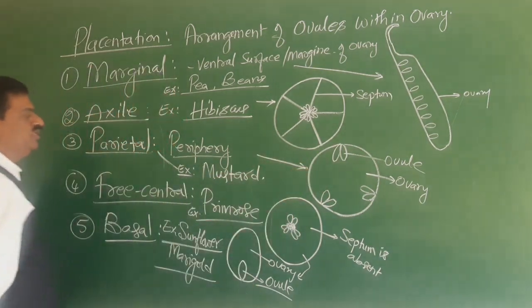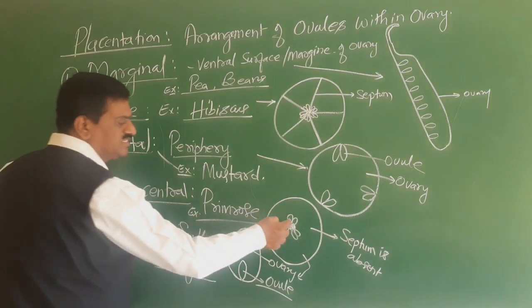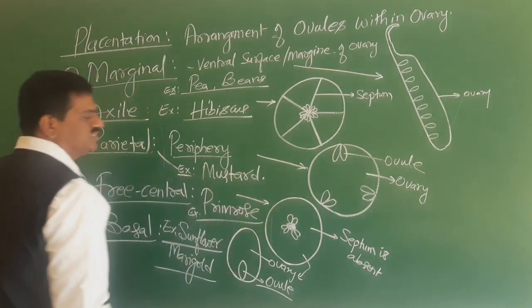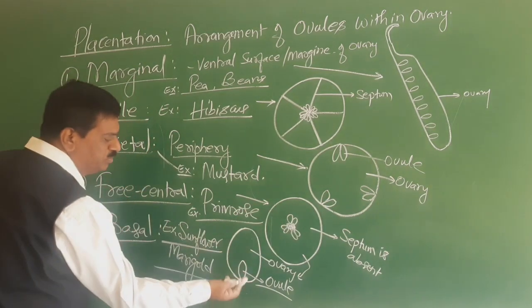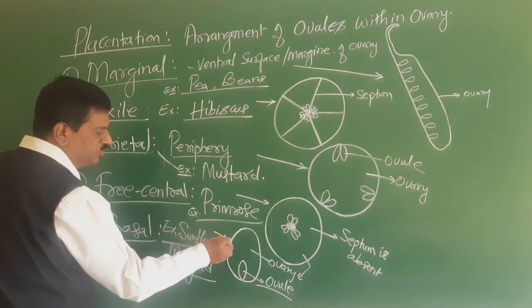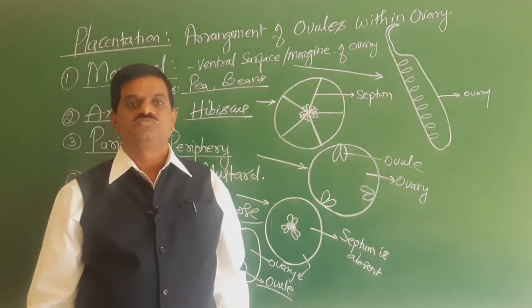Here you can see parietal placentation. Free central placentation, at the central axis, the ovules are present, example primrose. Basal placentation, at the base of the ovary, ovules are present, example sunflower, marigold. This is called basal placentation.